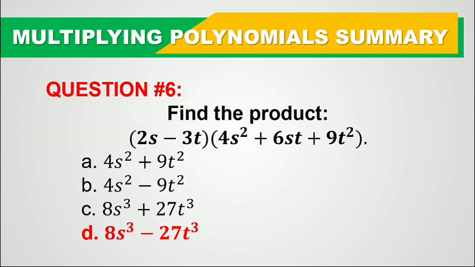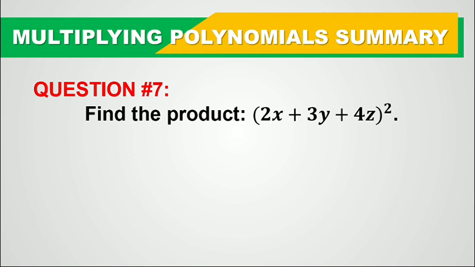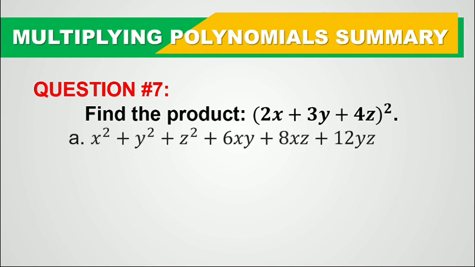Now let's proceed to the next question, question number 7. Let's find the product of 2x plus 3y plus 4z and then squared. This is squaring trinomials. Is it letter A, x squared plus y squared plus z squared plus 6xy plus 8xz plus 12yz?